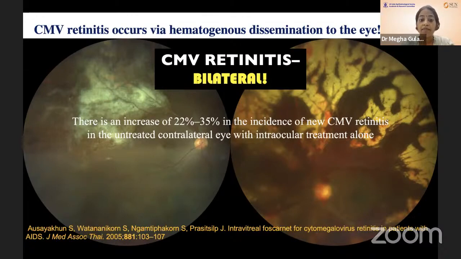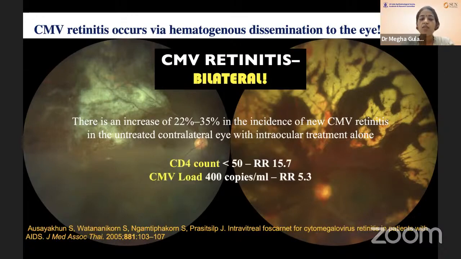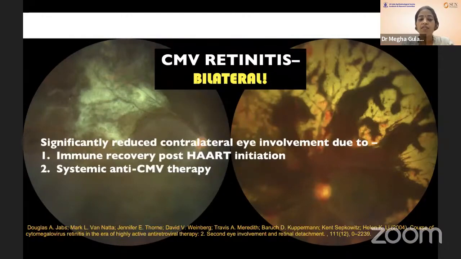The risk factors for contralateral involvement were low CD4 count and high CMV load. To treat these, there is a role for systemic anti-CMV therapy and HAART initiation, especially with immune reconstitution.